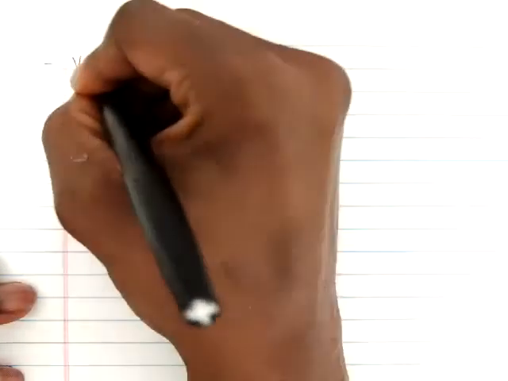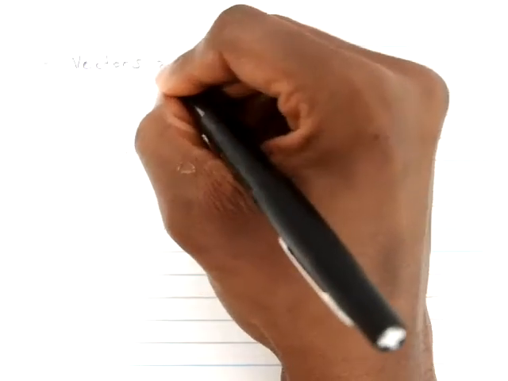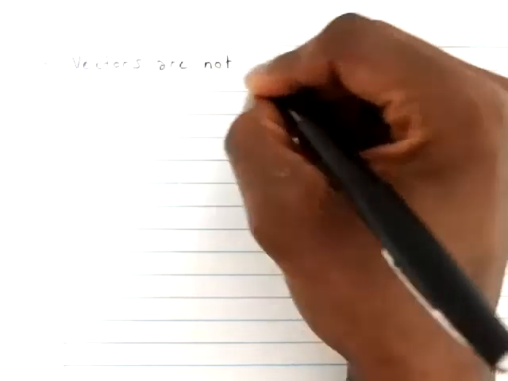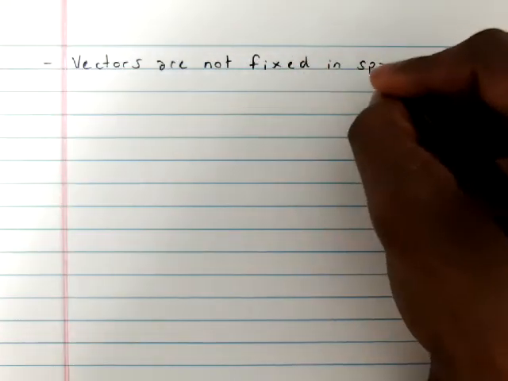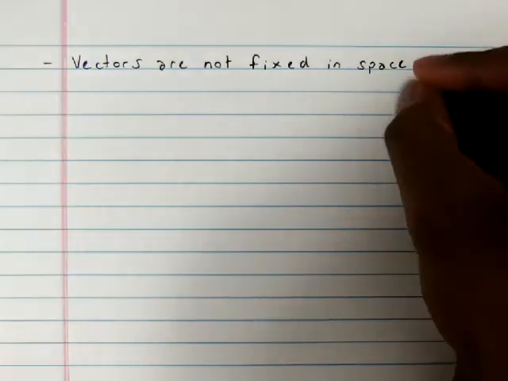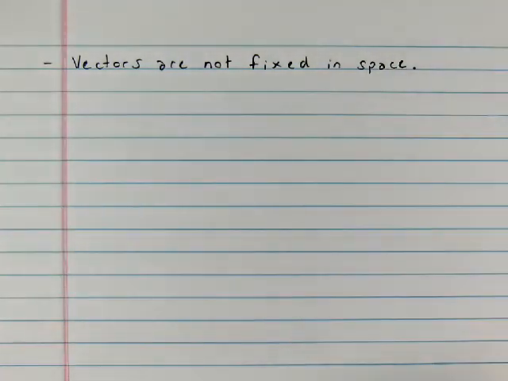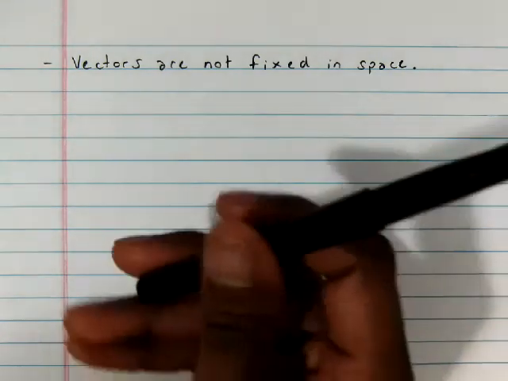All right, so now one key aspect that is going to be especially important to us with vectors is that they differ from points in that vectors are not fixed in space. So if I have some vector, we're going to make my marker the vector.